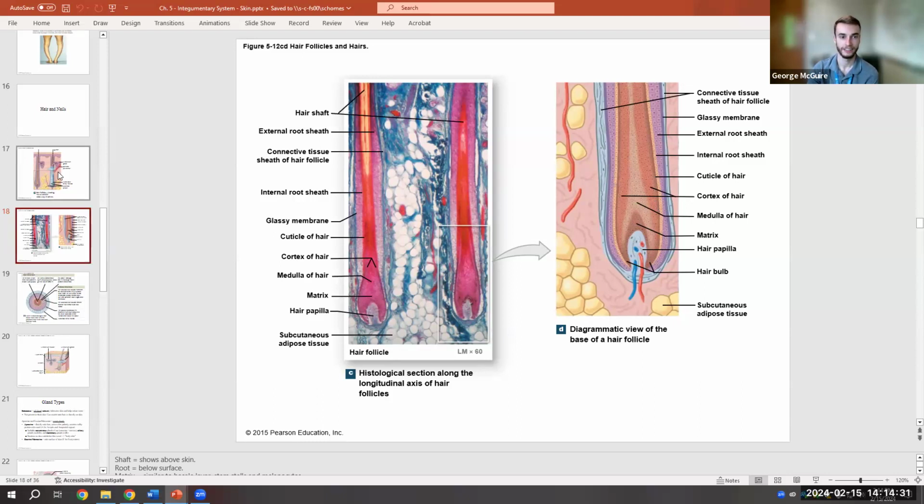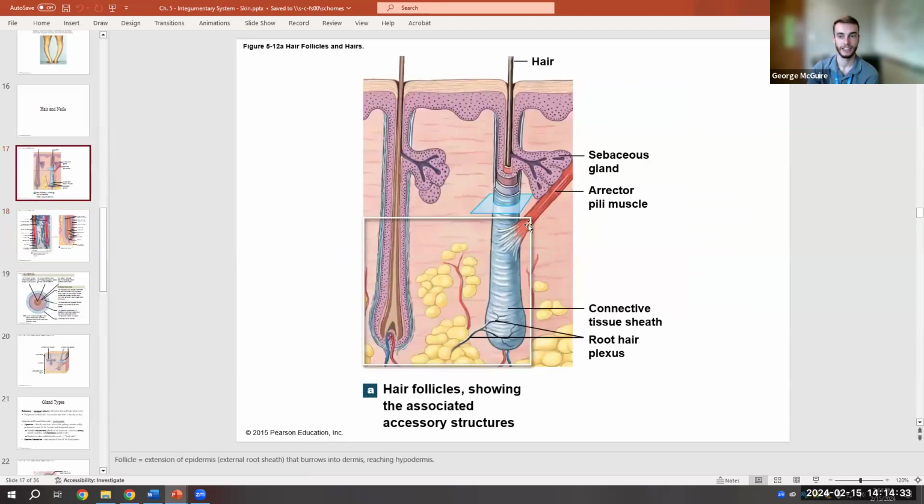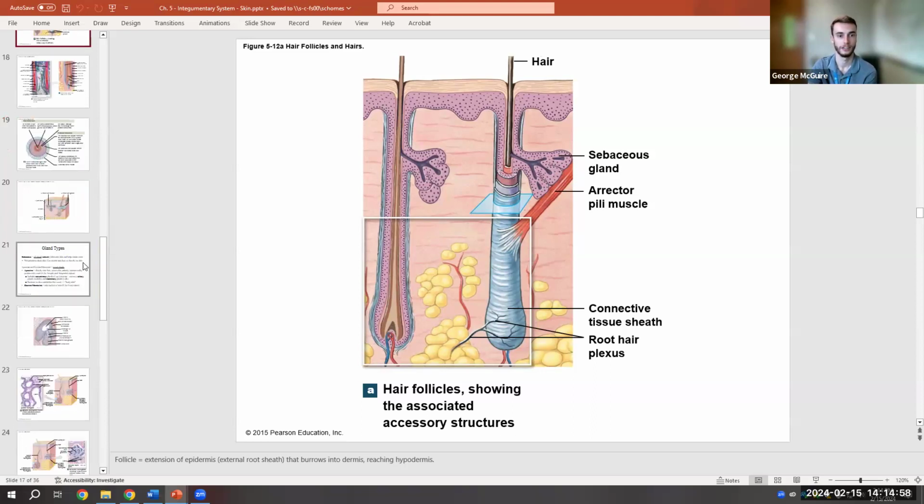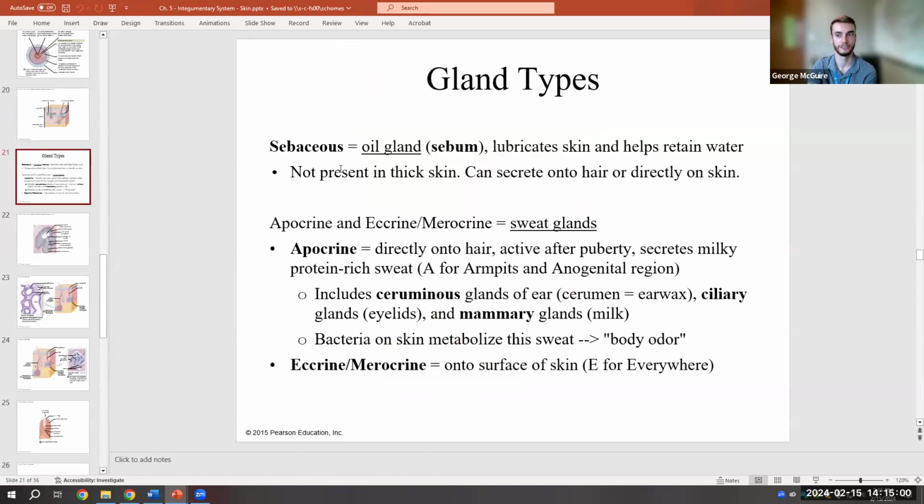And then beyond that, just recognizing that hair follicles have an erector pili muscle, which is smooth muscle. That's how our hairs stand up or change shape, and that helps with our ability to sense movement with the hair on our skin. And I don't know if all, but definitely most hair follicles are going to have their own sebaceous gland that is depositing its secretions onto it.